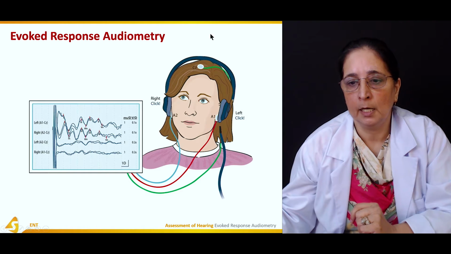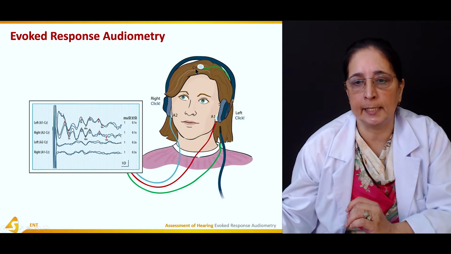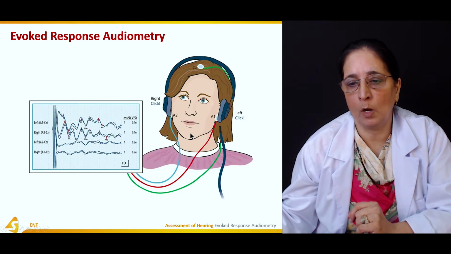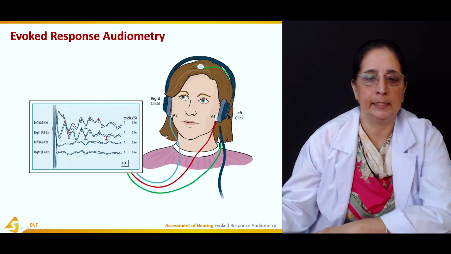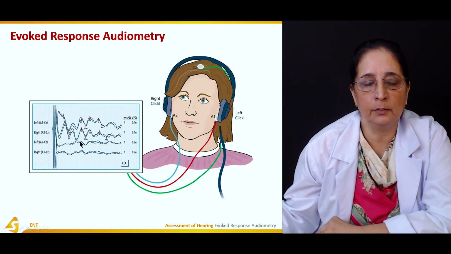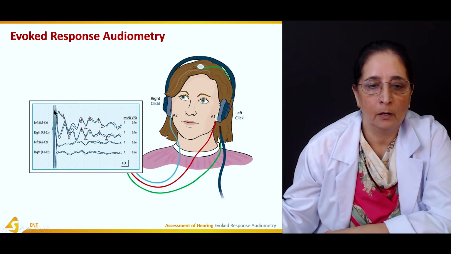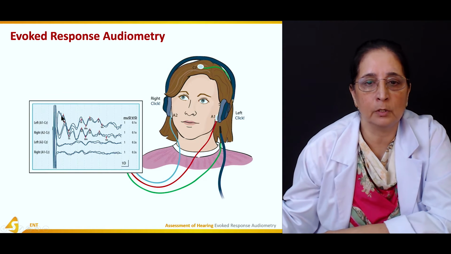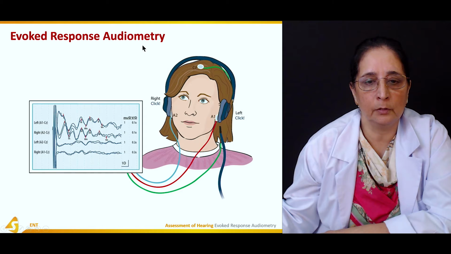Here, if you see, the patient has headphones, and there is one electrode on the head, labeled as CZ. And there are A1 and A2, left and right, and that's usually the audiogram or audiograph that we get after the evoked response audiometry.